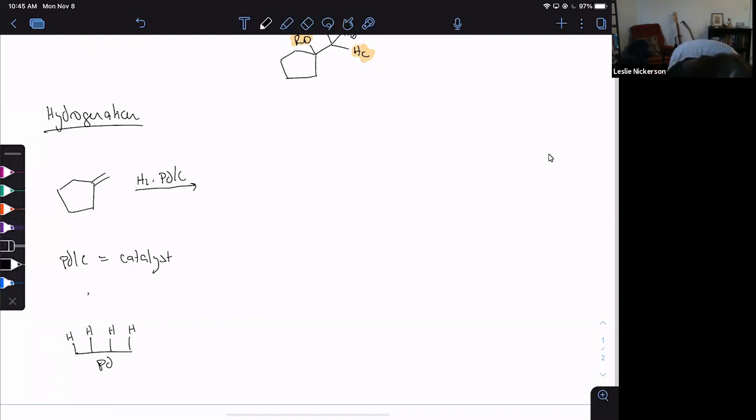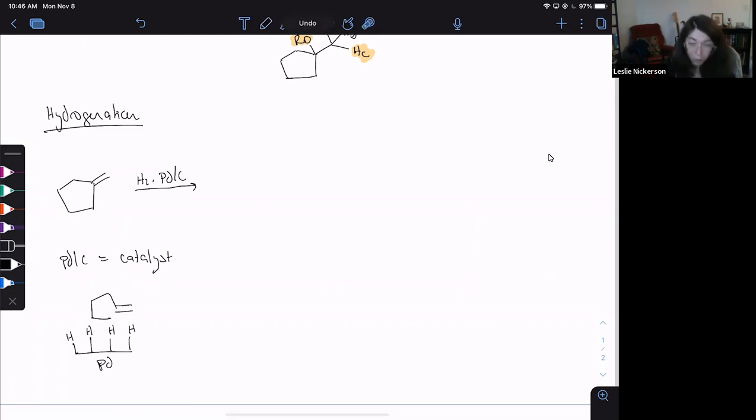So here's our alkene. Actually, let me try that again. I'm going to draw the alkene first and then, okay, so then I have my alkene come along.